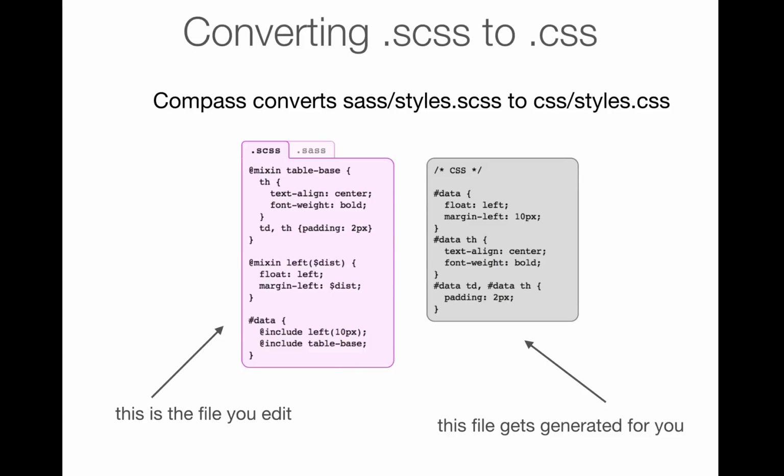So I did mention that when you're using Sass, you're going to be converting your SCSS files to CSS files. And usually how this is going to be organized in your project is that you're going to have a new folder in your project called Sass. You could call it anything, but conventionally, to keep it organized, it's a good idea to call it Sass.